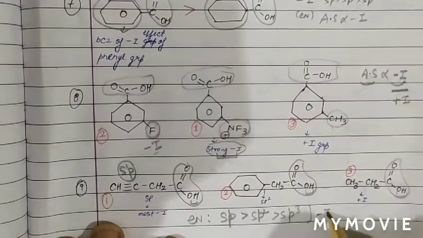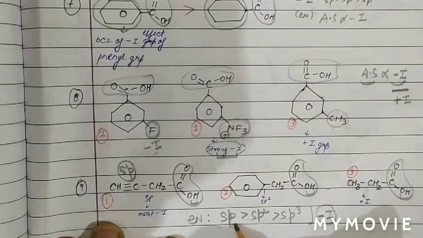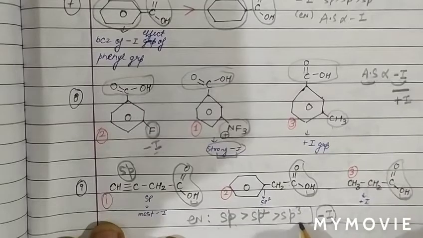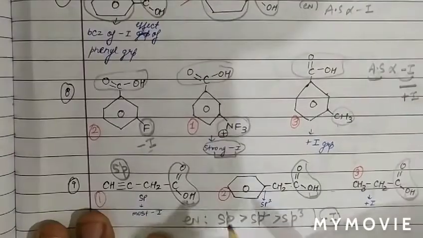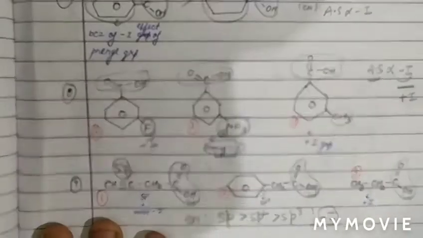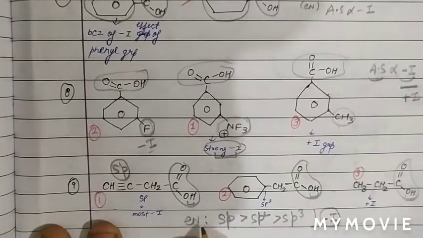So the minus I effect of sp carbon is more than sp2 carbon and then sp3 carbon, because the electronegativity of sp carbon is more than sp2 and then sp3.